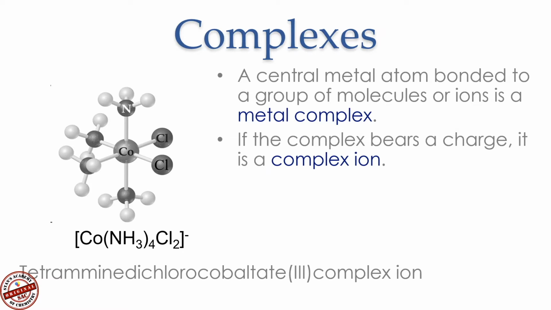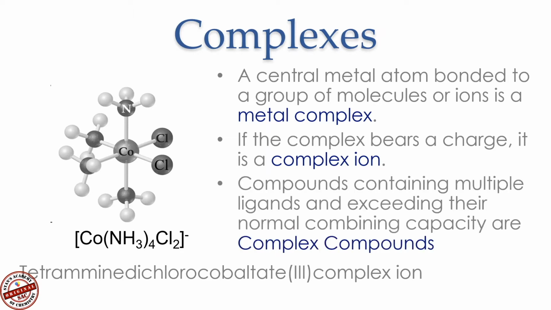Usually when we write these ions, we can write them as a dissociated substance dissolved in water, and then we refer to it as a complex ion. Complex compounds are compounds containing multiple ligands and exceeding their normal combining capacity. What we mean by that is cobalt with a 3+ oxidation state should have combined with just 3 negative ions.